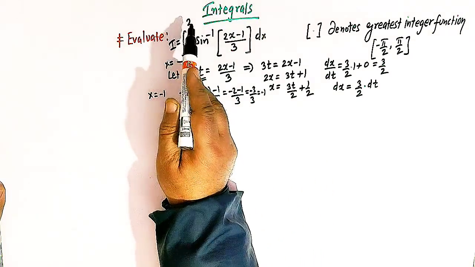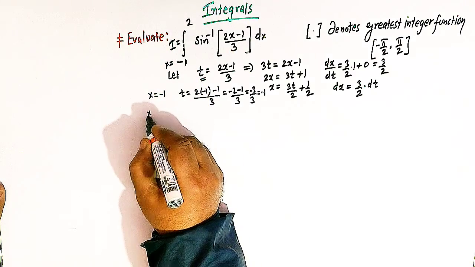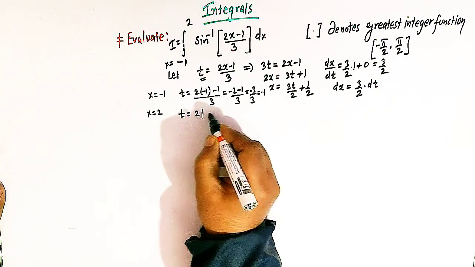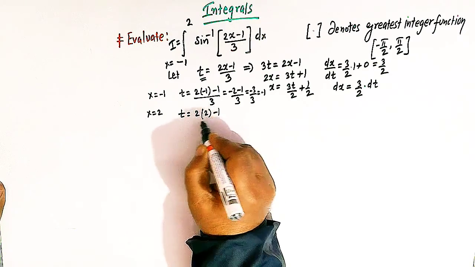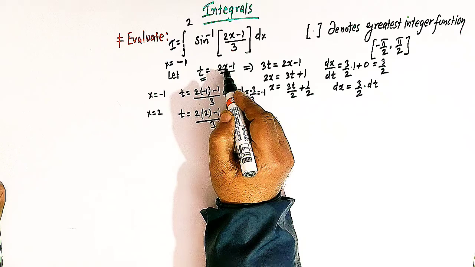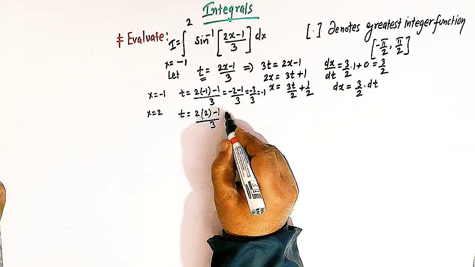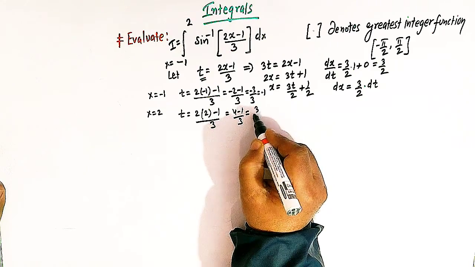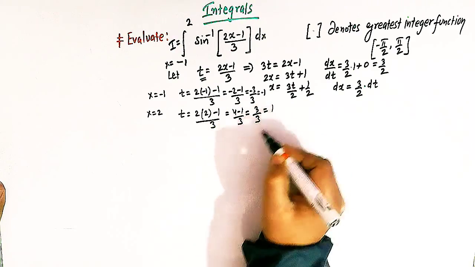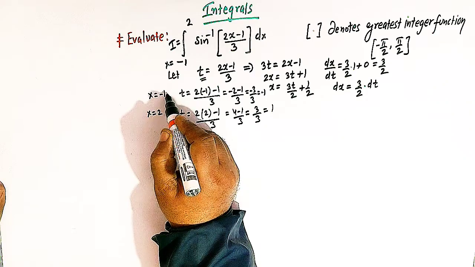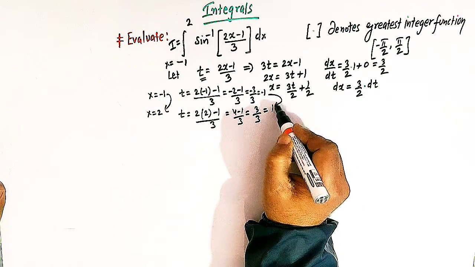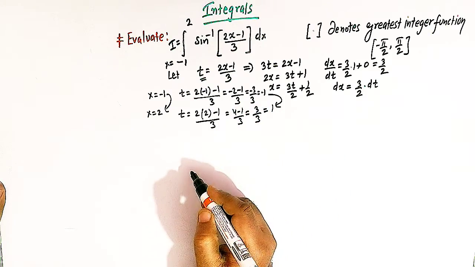And when x is equal to 2, t is (2 times 2 minus 1)/3, so we have (4 minus 1)/3, that is 3/3, that is 1. So when x goes from -1 to 2, t varies from -1 to 1.